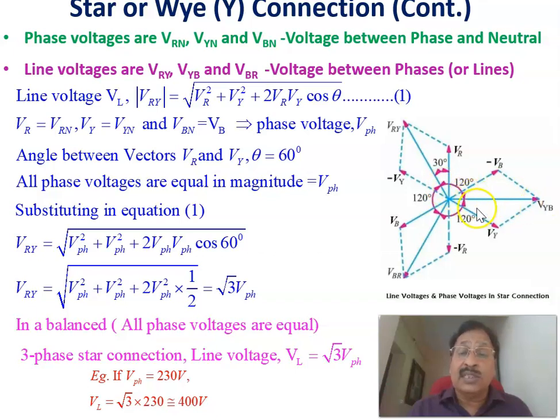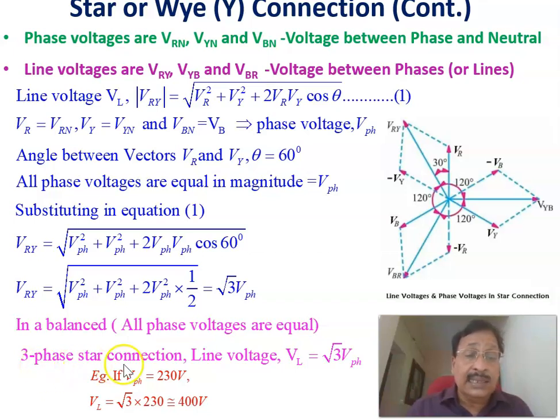Same for the other phases also. This is the line voltage Vyb, and this is Vbr. Each one has magnitude root 3 times the phase voltage. In a balanced case, all phases are equal and they are displaced by 120 degrees.